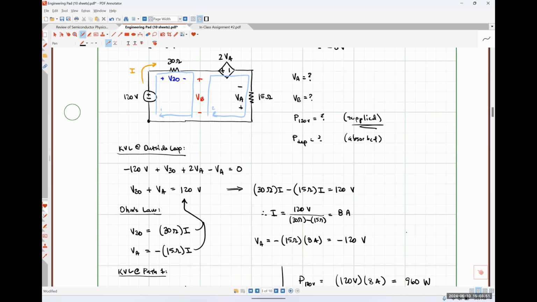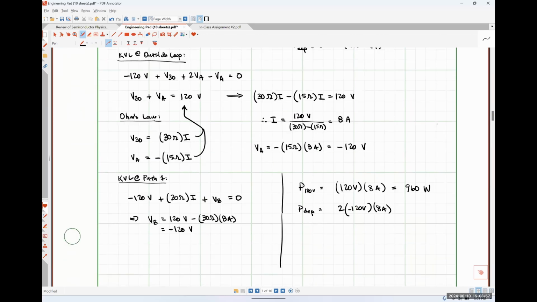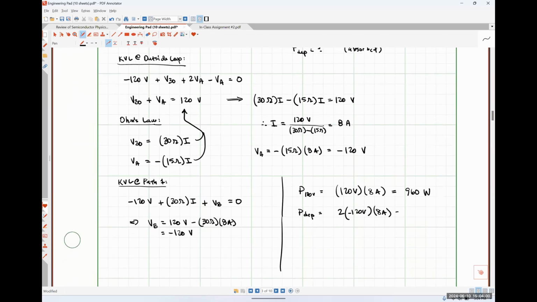Because we're calculating absorbed power for our dependent source, we do not need to change the sign. Okay. So this should be negative 1,920 watts. So what does it mean that that value is negative? Well, the dependent source is actually supplying power as well. That's all it means.